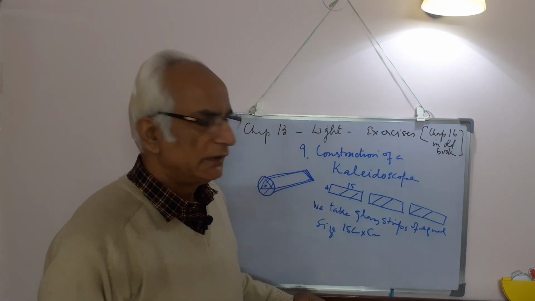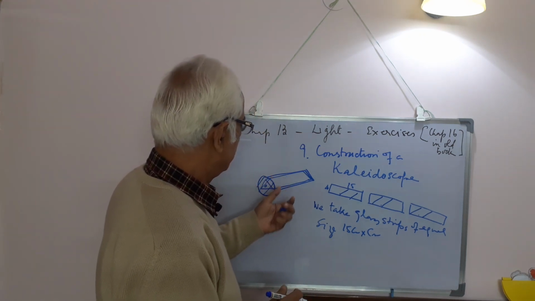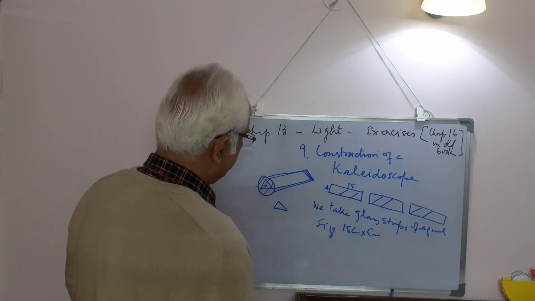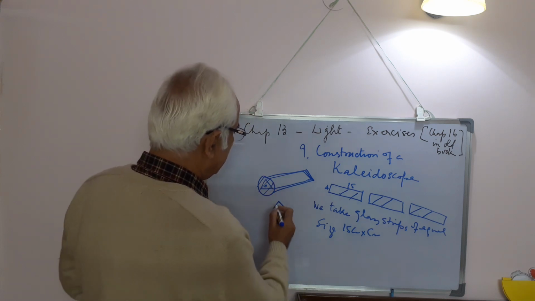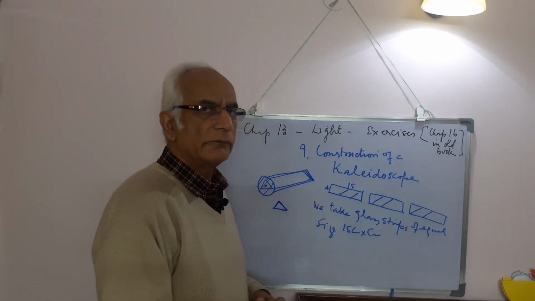That's the first step. Then we join them and form a prism. The prism will look like this from one side. When you look from one side, all the 3 pieces will be joined in the shape of a triangle.